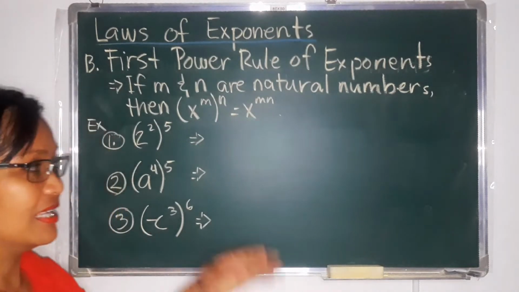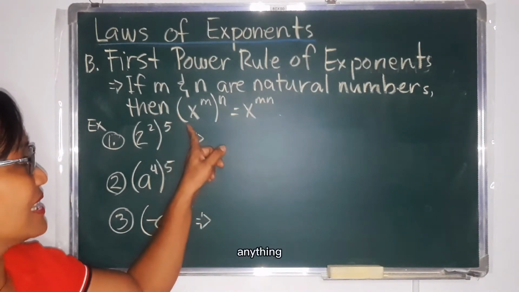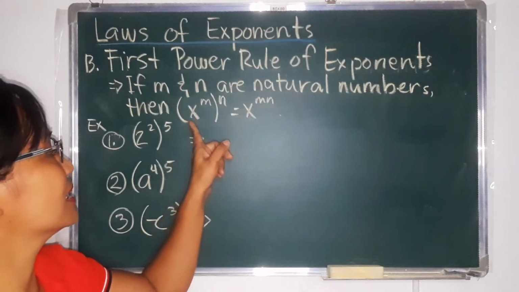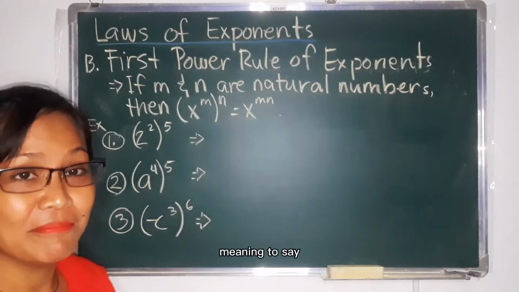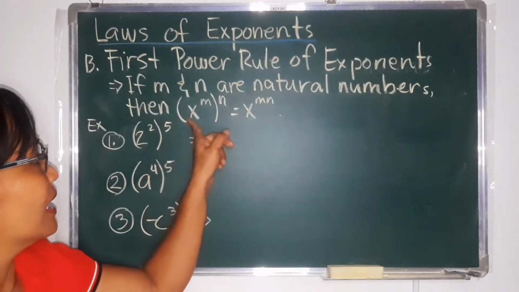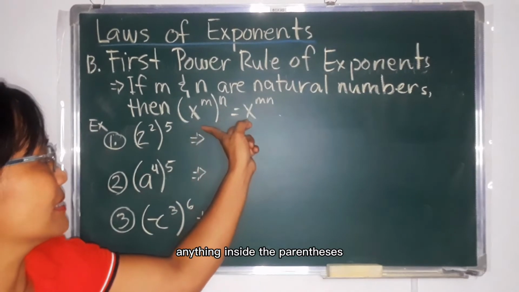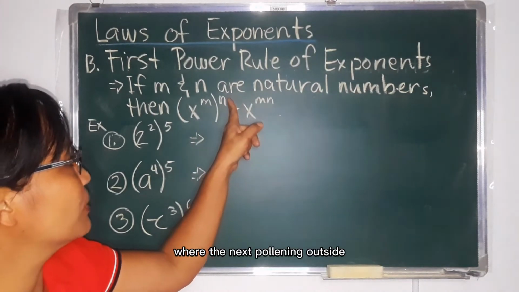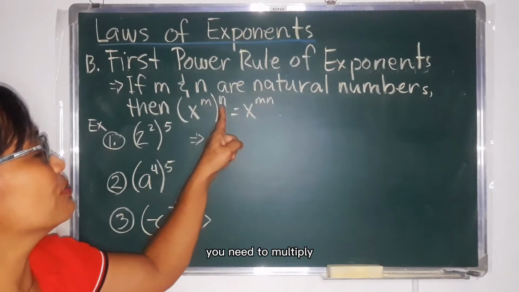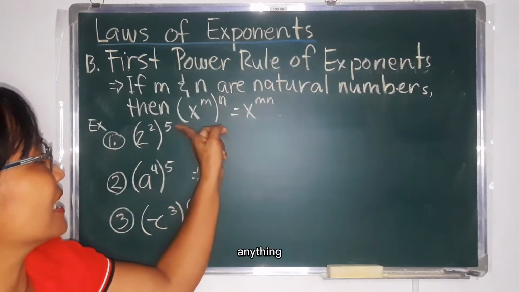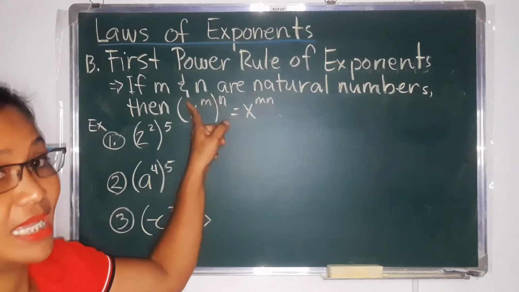You're going to multiply anything inside the parenthesis with the exponent outside. I'll repeat. You need to multiply anything inside the parenthesis with the exponent outside.